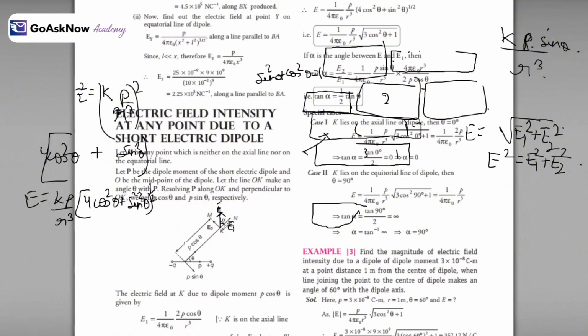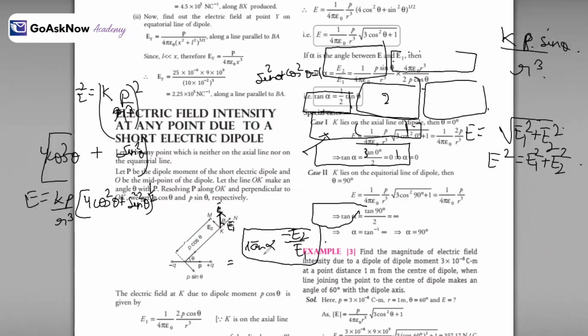So if the angle between E and E1 is alpha, tan alpha will be equal to E2 by E1. You have already covered it in your vector chapter also that E2 by E1 is the formula for tan alpha here.